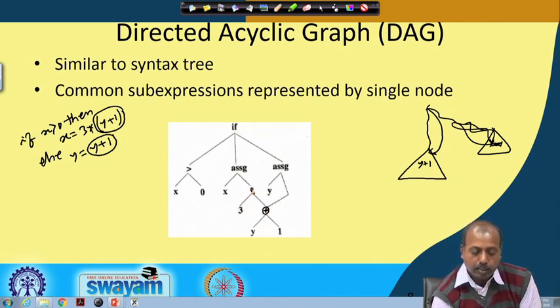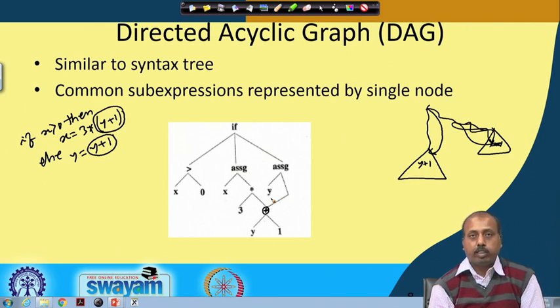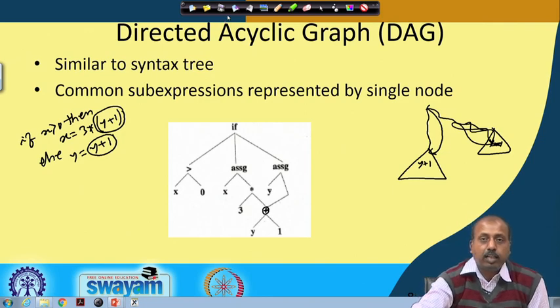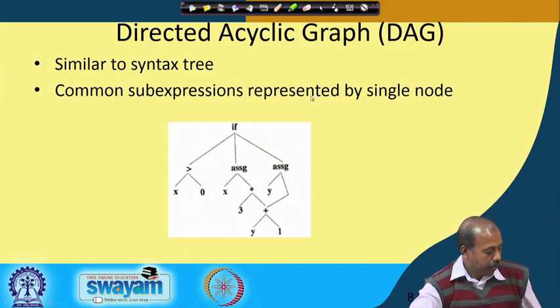It was used in the expression 3 into y plus 1, and it is used in the statement y equal to y plus 1. So, in both assignment statements this y plus 1 expression was common and that is taken out. That gives rise to a graph representation, and we can go for a directed acyclic graph representation for that. So, that is one type of representation.